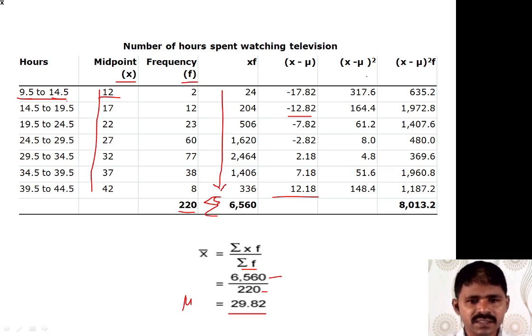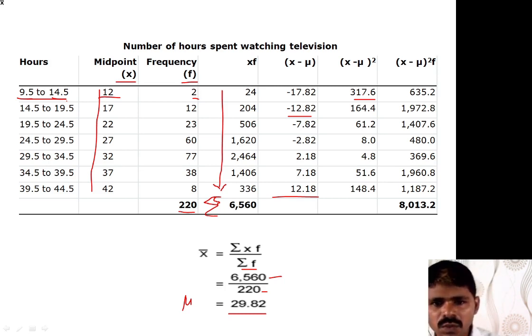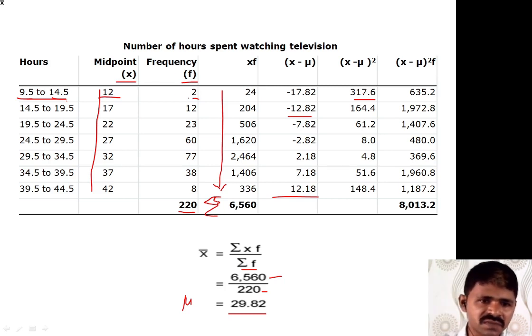This x minus mean whole square value we multiply with the respective frequencies, and we got these values. The sum of this is 8,013.2 hours.